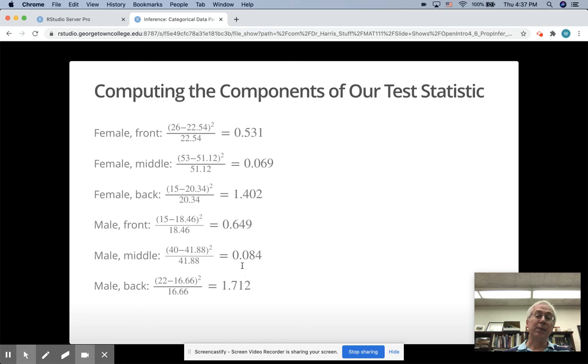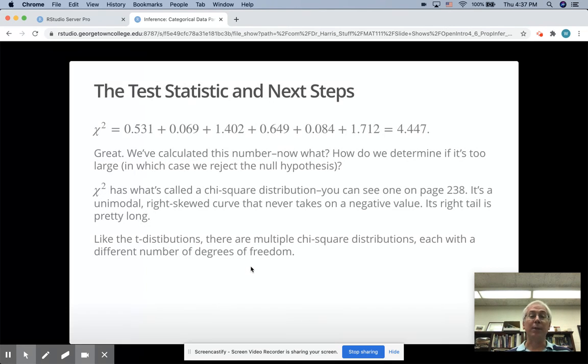And so I get these 6 values for each of my entries in the table. Then the chi-square statistic is going to be the sum of these 6 numbers. And so when I add them together, I get a number that's just a little bit under 4.5. And so the question is, how do I determine if that number is too big or not?